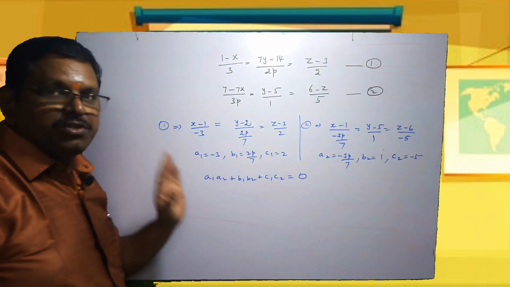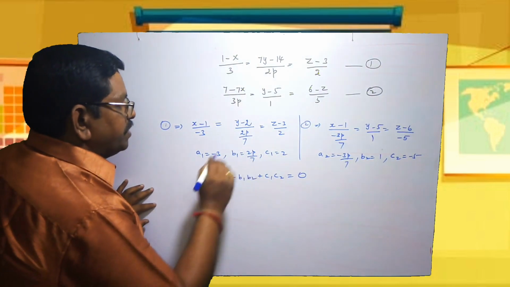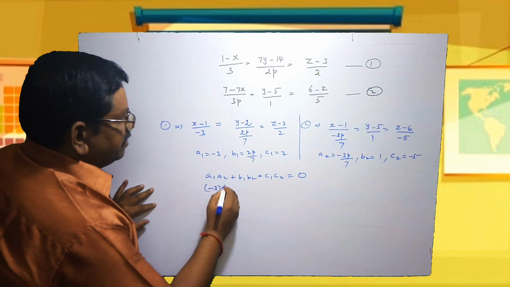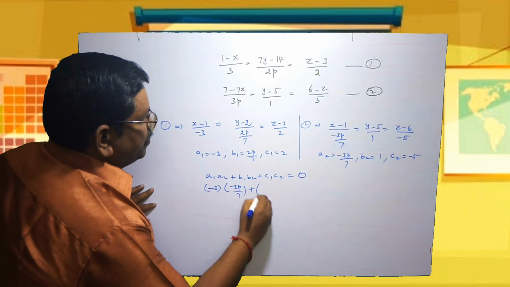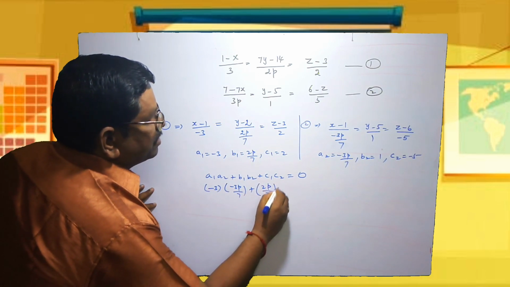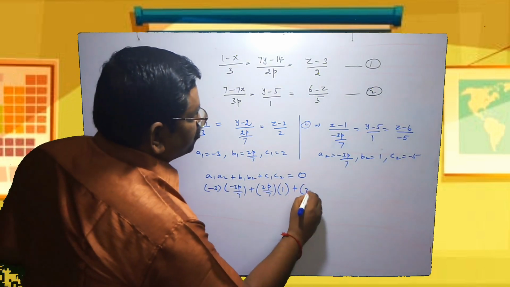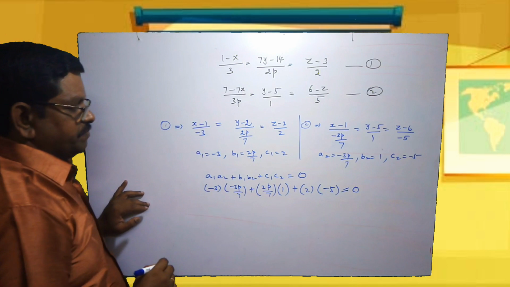So we are taking that equal to 0 because it is given that they are perpendicular. Now we should find the p value. So for that we substitute: a1 is minus 3, a2 is minus 3p by 7, plus b1 is 2p by 7 into b2 is 1, plus c1 is 2 and c2 is minus 5. This is equal to 0.